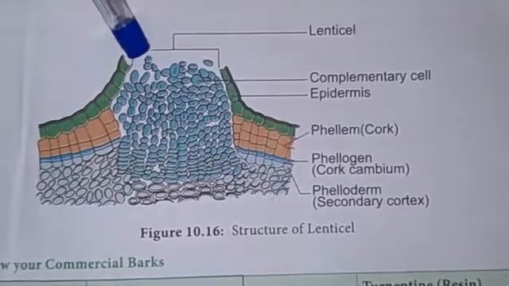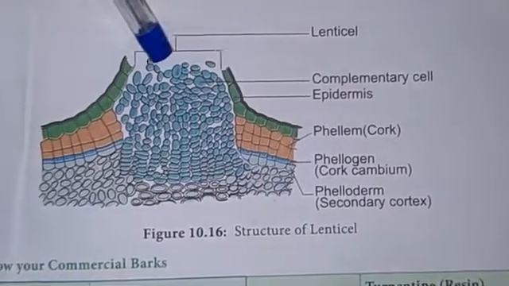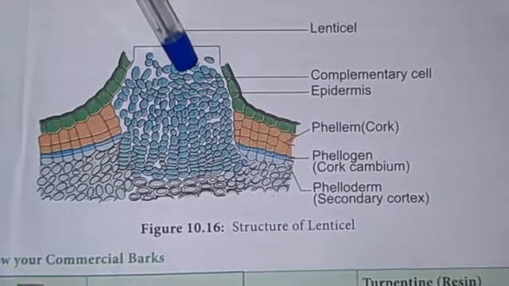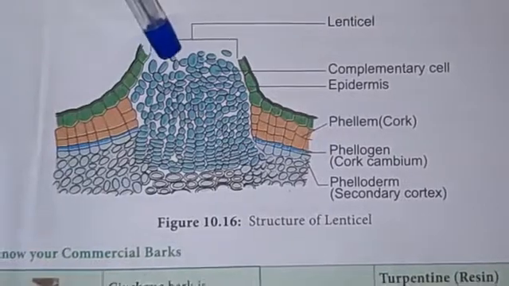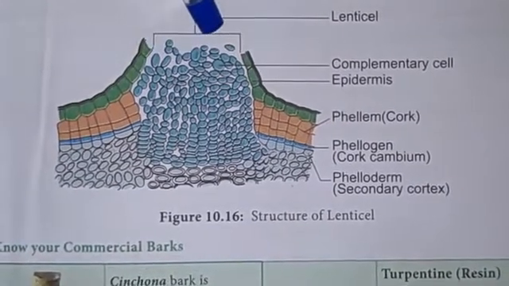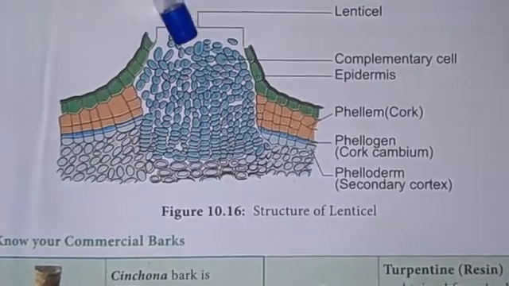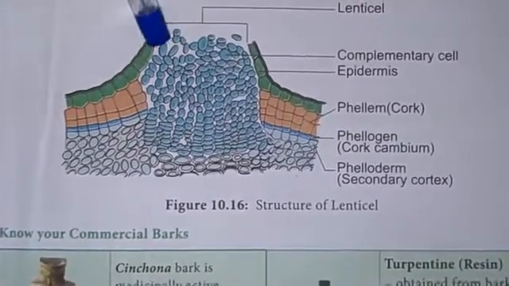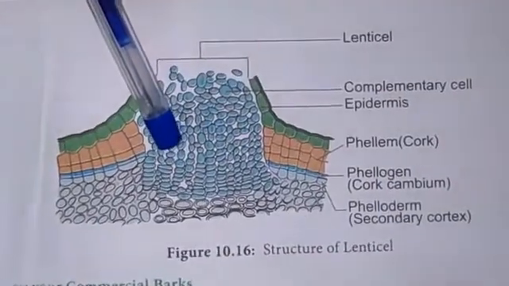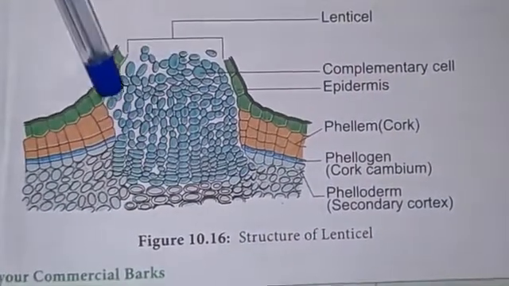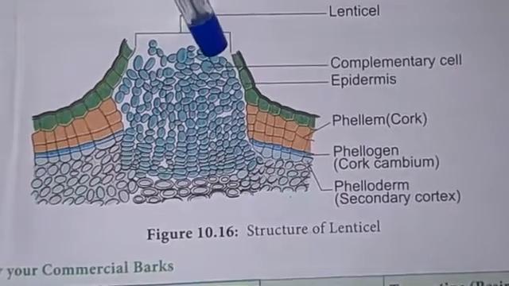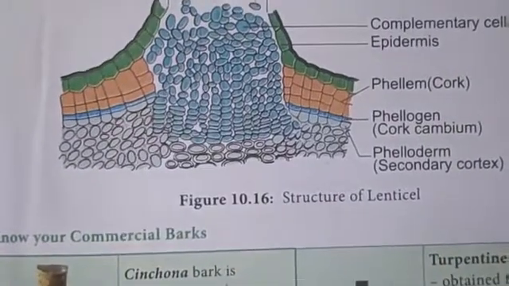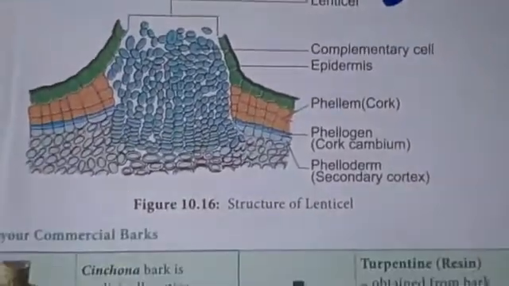When the phellogen is more active in the region of the lenticel, a mass of loosely arranged thin-walled parenchymatous cells is formed. It is called complementary cells or filling tissue.